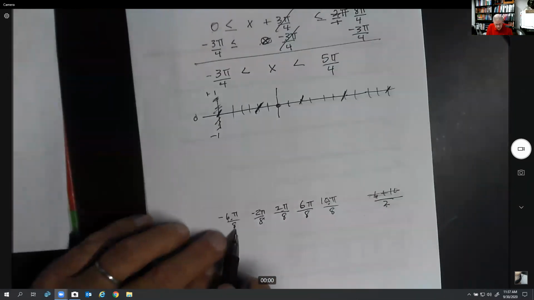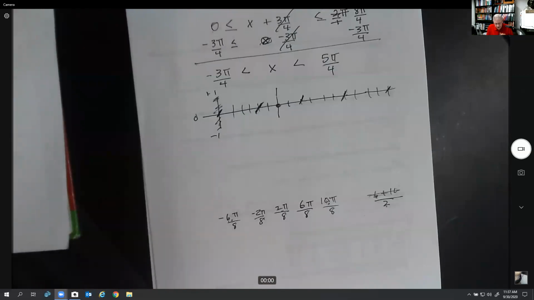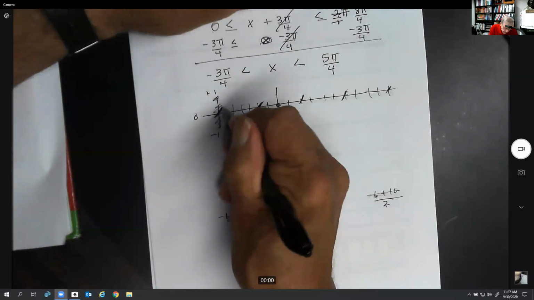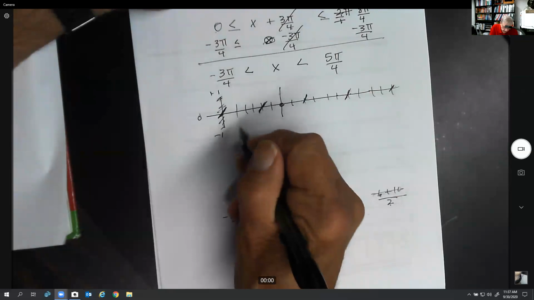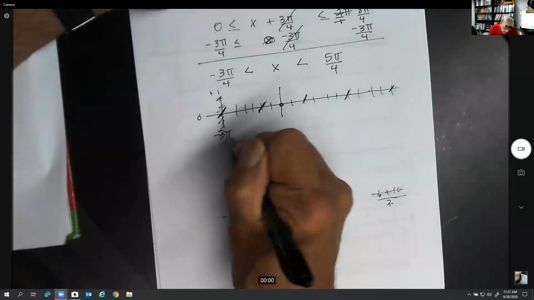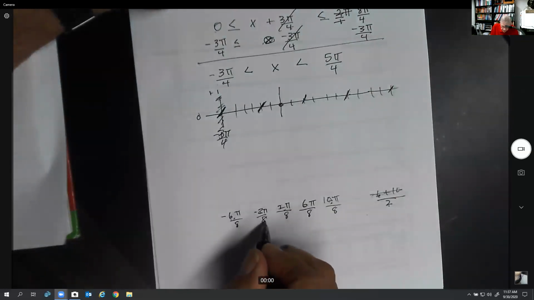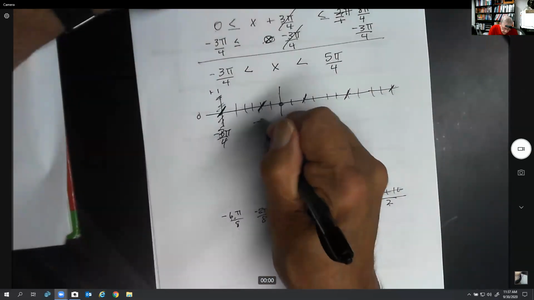Now, let's convert these back to fourths because it might look a little prettier. On this one, I could have maybe stayed with the fourths. I didn't know, so it might have been easier. This point right here, our beginning point, is going to be negative 3 pi over 4, right? Dividing both of these by 2, this will be negative 1 pi over 4.